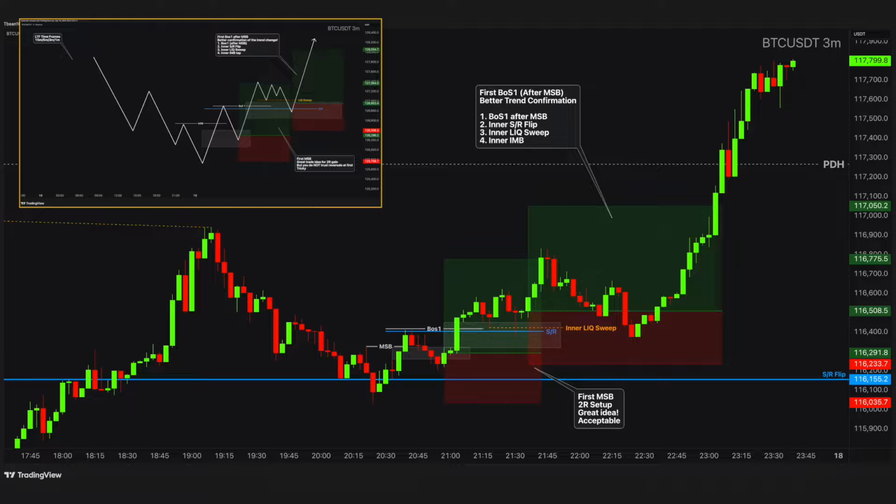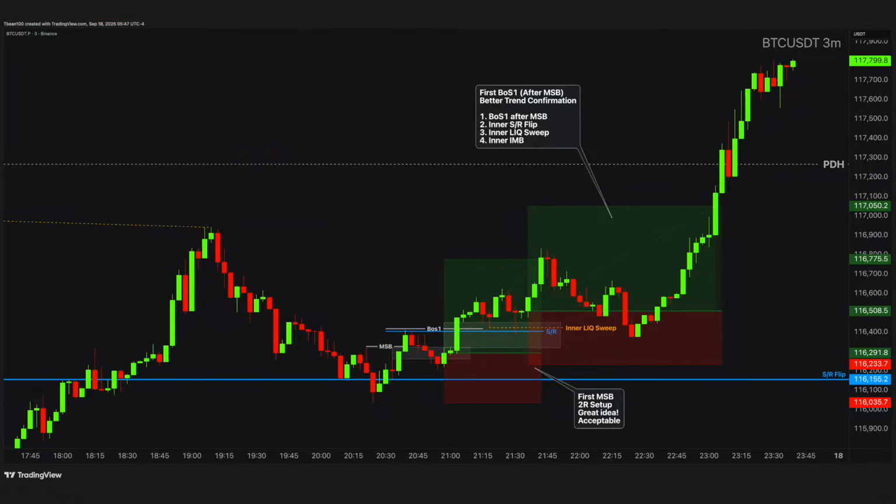And by looking for inner SR flips, small liquidity sweeps, and other imbalance zones, you make these inner trades much stronger and more reliable. And that's it. This is one of these A+++ trading setups. I do not think there are better setups you can ever find all over the internet.